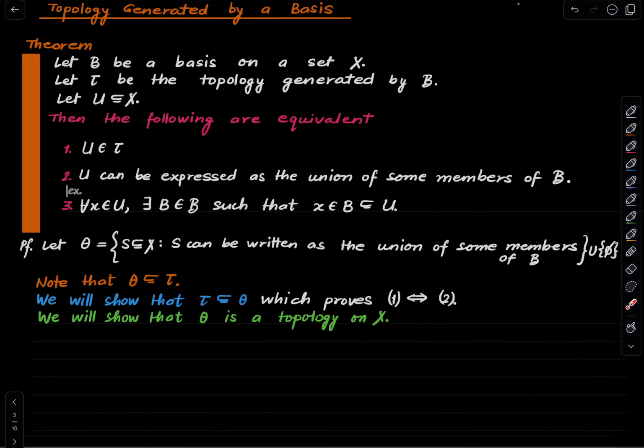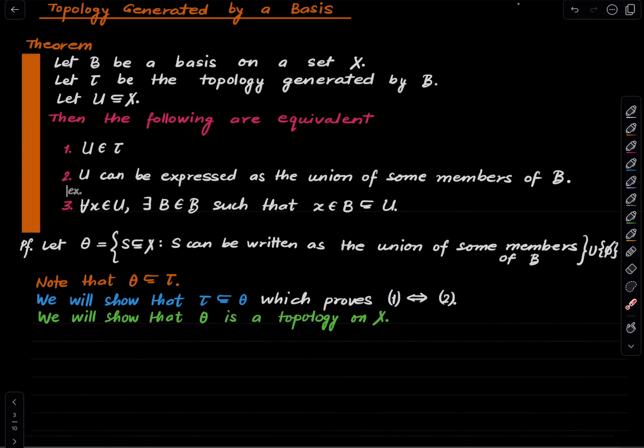The formal argument would be that, what is tau? Tau by definition is the intersection of all the topologies that contain the basis. And since theta is a particular topology that contains the basis, tau is contained in theta because tau is the intersection of theta along with other things. Okay, so therefore our goal is now this green thing. Once we establish this green thing, we will be done.